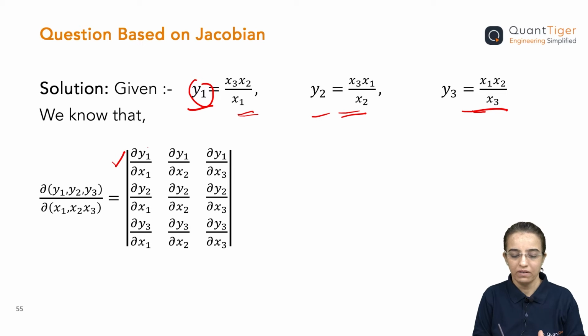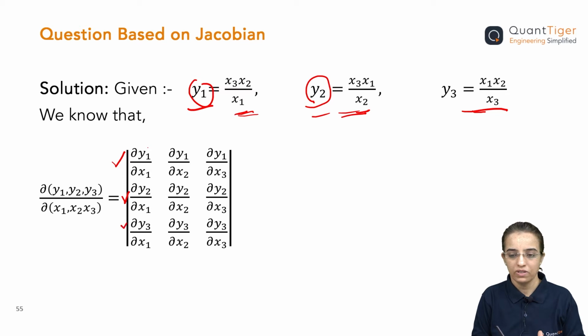We picked y1 as one function and with respect to each variable we have differentiated it. Now I have taken the y2 function, and the same thing, it's a function of x1, x2, x3. So I differentiated it with respect to x1, x2 and x3, which we will be writing here as the second row.